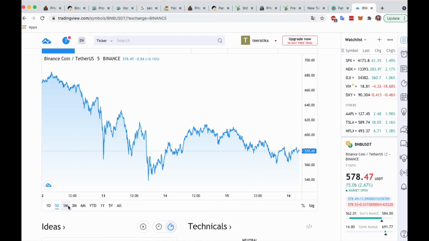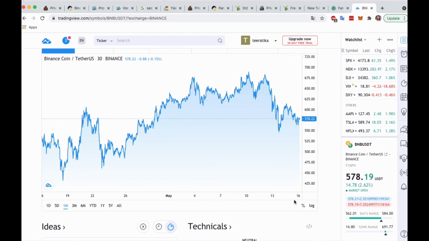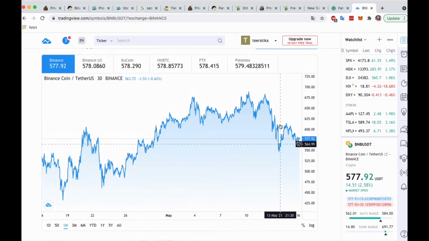And this only really fell because in the last couple of days, Elon Musk had been tweeting to say that, oh, I changed my mind, I'm not going to be accepting Bitcoin for my Tesla cars. And that resulted in a huge correction in the market.